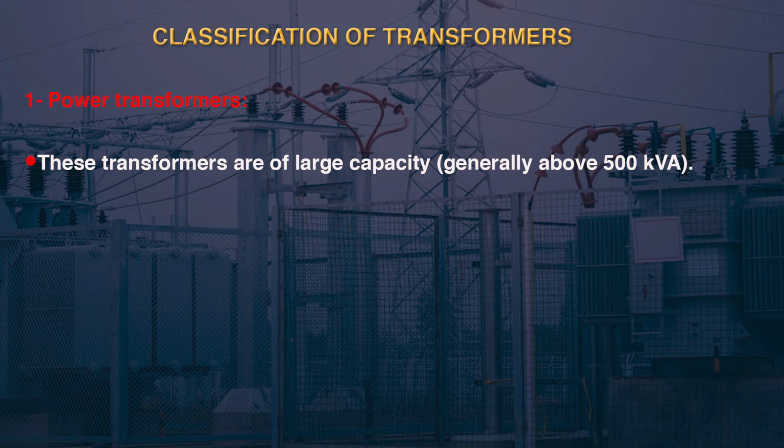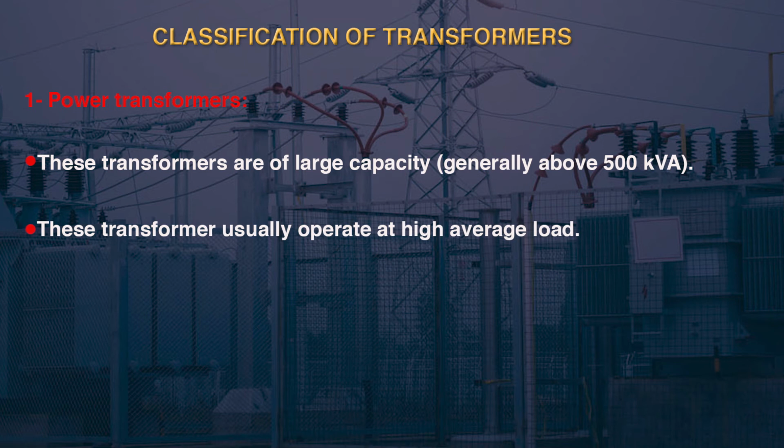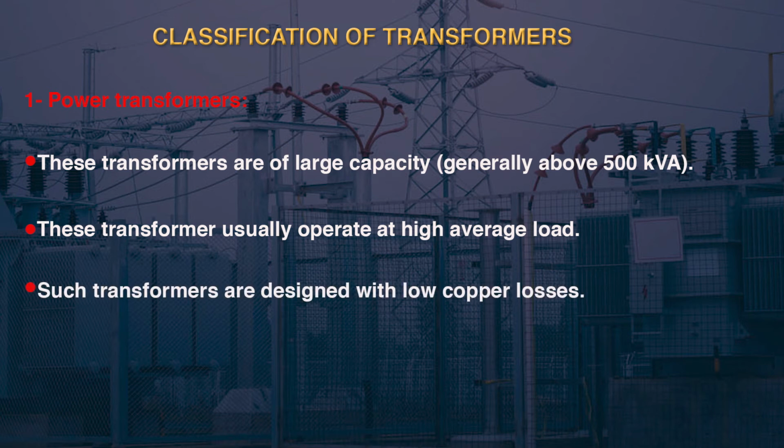These transformers are of large capacity, generally above 500 kVA. These transformers usually operate at high load, which would cause continuous copper loss, thus affecting their efficiency. To have minimum losses during 24 hours, such transformers are designed with low copper losses.